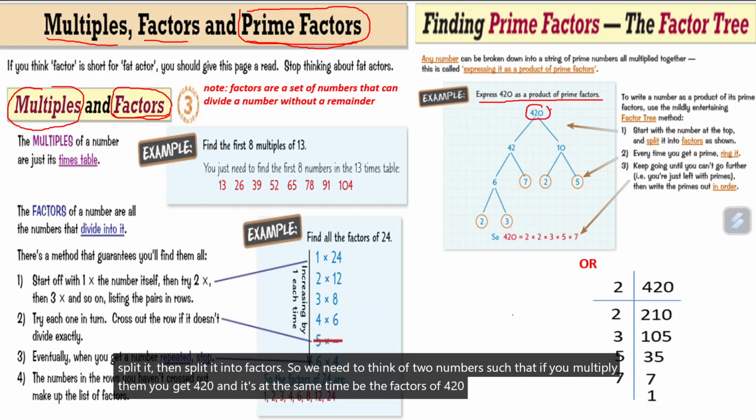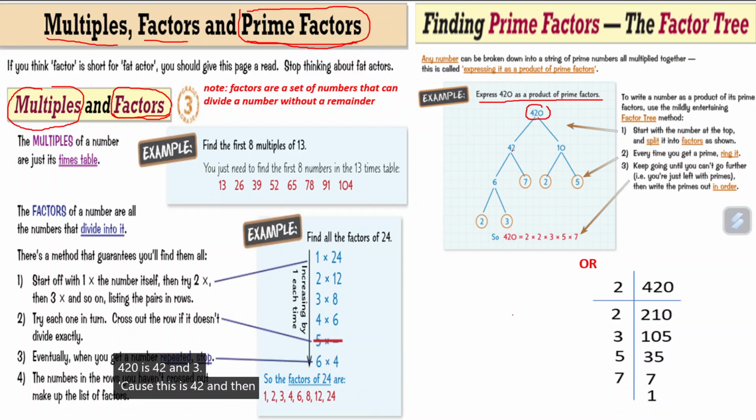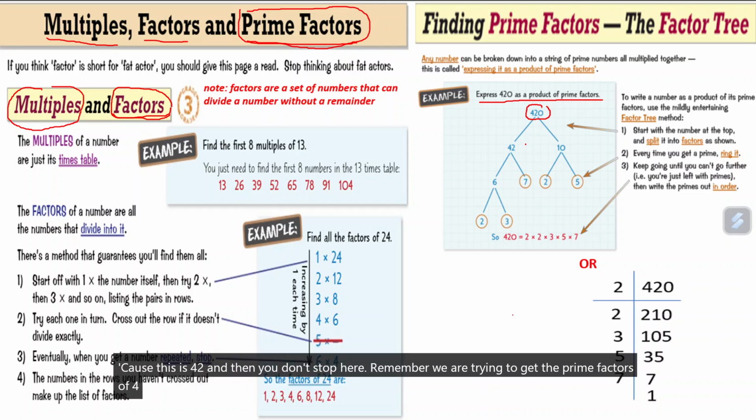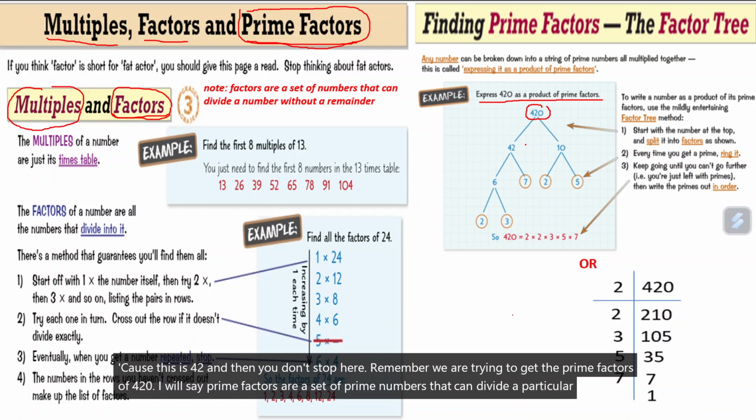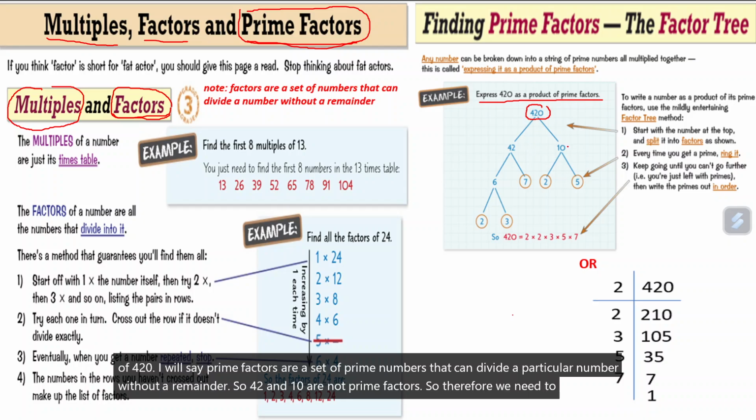For example, the factors of 420 are 42 and 10. Because this is 42 and 10, you don't stop here. Remember, we are trying to get the prime factors of 420, and we said prime factors are a set of prime numbers that can divide a particular number without a remainder. So 42 and 10 are not prime factors. Therefore, we need to go further to break it down.